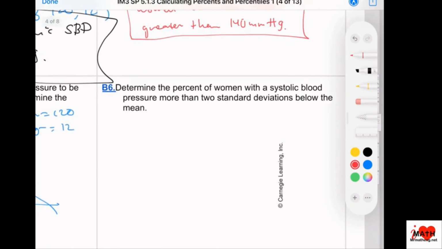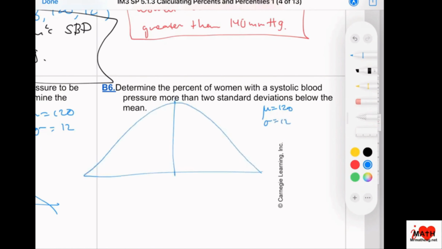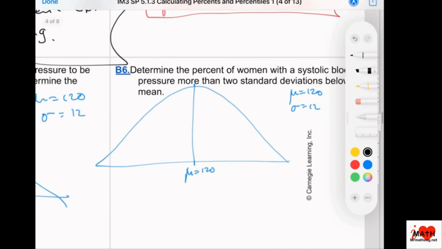B6. Determine the percent of women with a systolic blood pressure more than 2 standard deviations below the mean. From direction number 3, the mean is 120 and the standard deviation is 12. Let's draw a picture. There's 120. Two standard deviations below means I subtract 12.